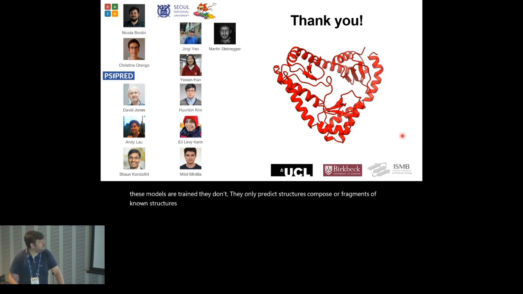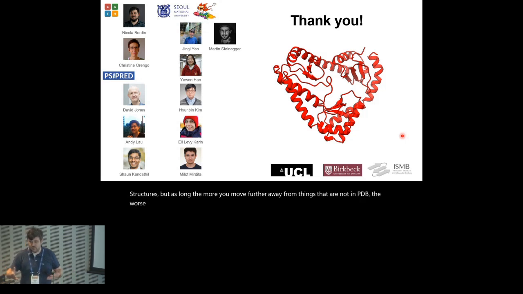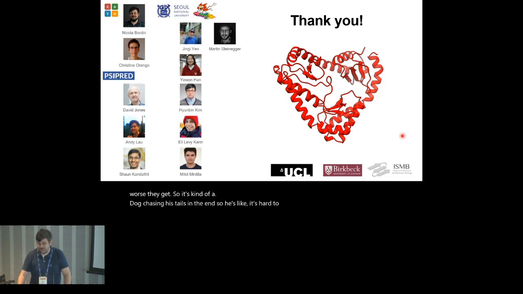I think one of the intrinsic limitations of all the predictors that we have at the moment is that they perform really well because they have been trained on PDB structures. But the further you move from things that are in PDB, the worse they get. So it's kind of a dog chasing its tail in the end. It's hard to predict something that is not in PDB if we keep training on things that are in PDB. Yeah.